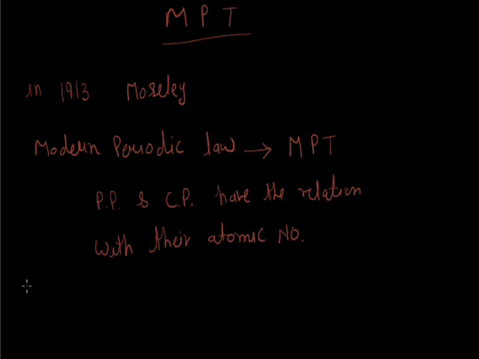Now we discuss another term that is related with the MPT, that is periodicity. The repetition of similar properties of elements after a certain regular interval, when the elements are arranged in order of increasing atomic number, is called periodicity.